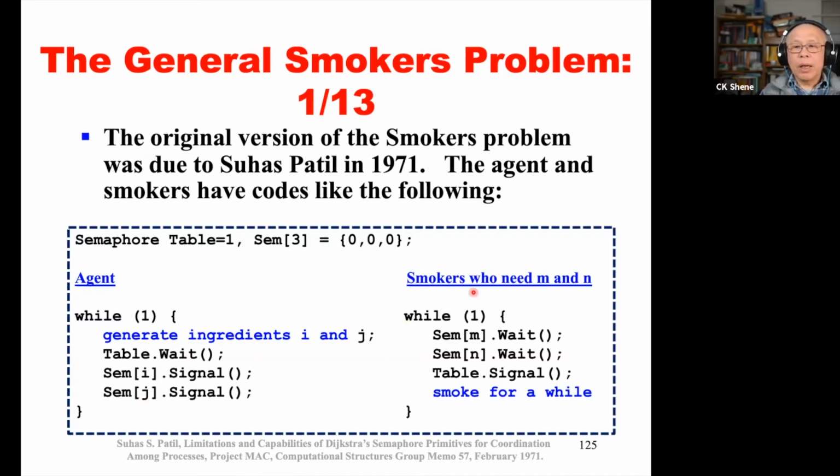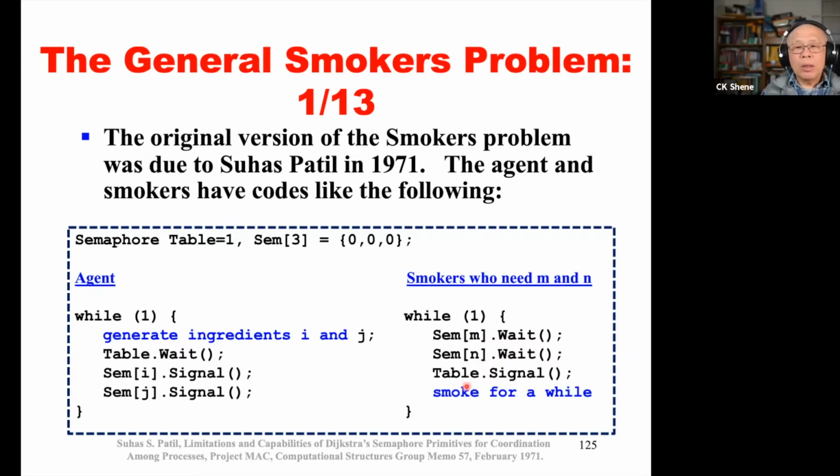Now let's take a look at the smokers. A smoker who needs ingredient M and ingredient N would look like this. Wait for ingredient M, wait for ingredient N. And then after both ingredients are available, this smoker signals the table semaphore to clear that and then smokes for a while and loops back.